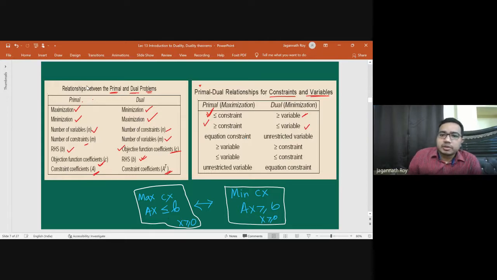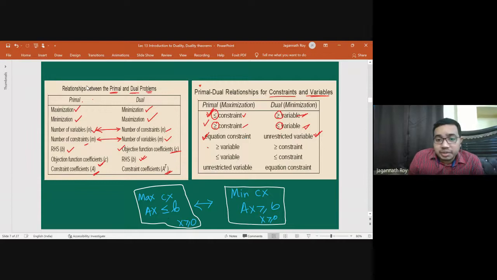So it will be reverse type, because the number of constraints is associated with the number of variables, and the number of variables is associated with the number of constraints. Here it is a constraint, here it is a variable. It is less than type, the variable will be greater than type. Here it is greater than type, the variable will be less than type. Now if we have an equality constraint, an equation, then the corresponding variable will be an unrestricted variable, that is, a free variable.